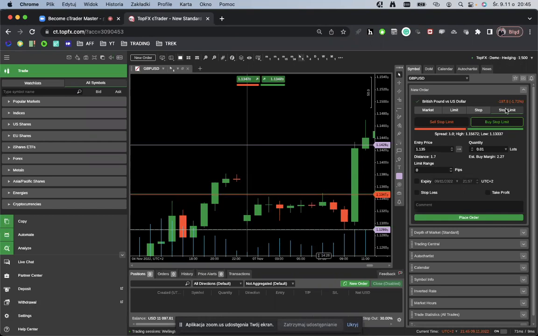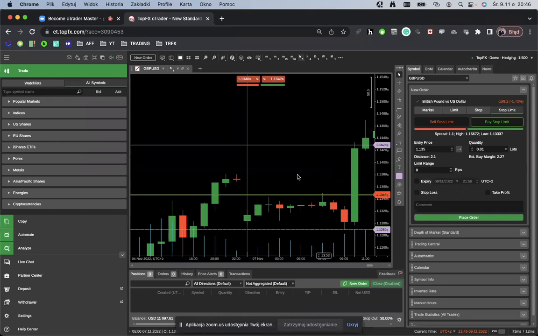So if you want to trade this event, of course you can use the market order, not a problem, but it's always a little bit better, more advanced, a little bit smarter or more clever, actually, to use a stop limit order. Because what you can gain here is very, very simple.